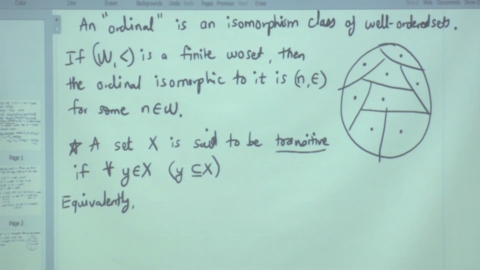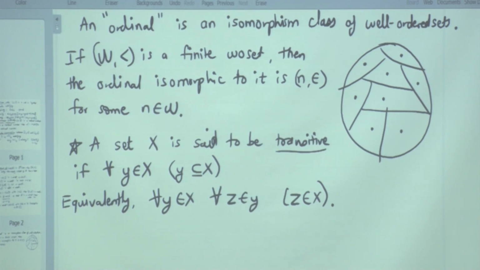and I will give you a motivation why it is called transitive. So for all y in X and for all z in y, z also belongs to X. Now, does that give you a feel of transitivity? z belongs to y, y belongs to x, therefore z belongs to x.